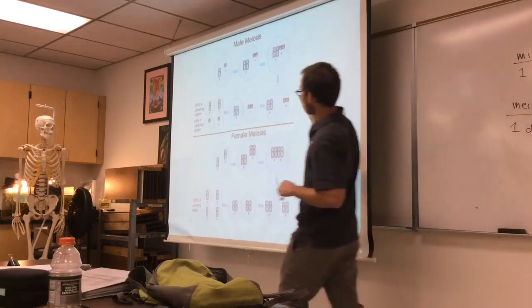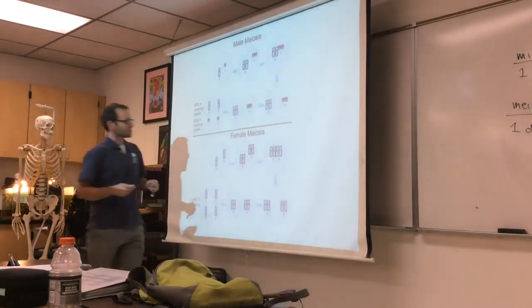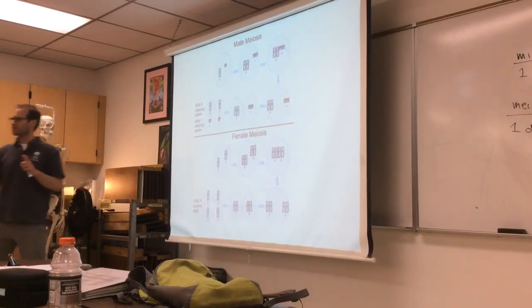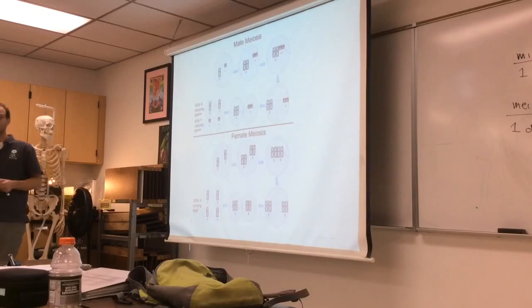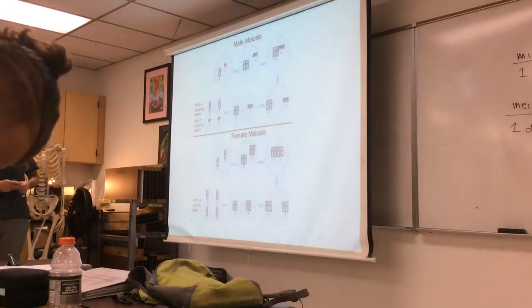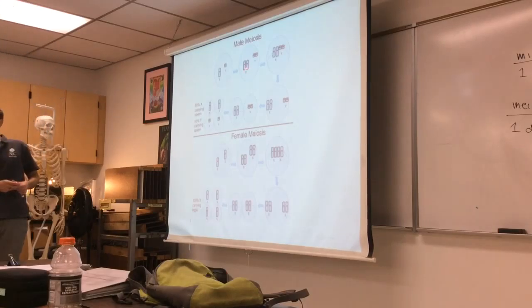If we go through male meiosis, and hopefully this looks somewhat like what you did, maybe with fewer steps than what you actually sketched out, you have your diploid cell with an X and a Y. You make your sister chromatids, right? Then you line them up in a tetrad. But unlike other homologous pairs of chromosomes, the X and the Y don't recombine with each other. They line up as a tetrad, but they don't recombine.